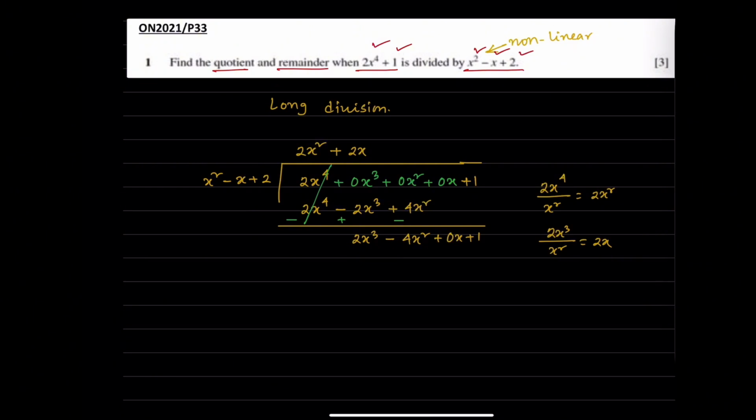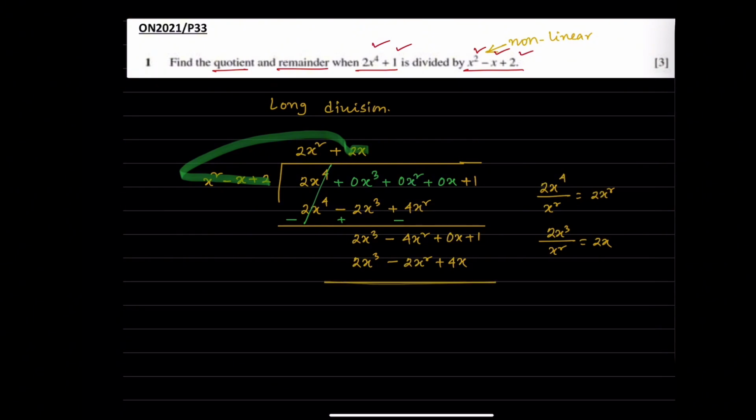And then just multiply this whole thing. We get 2x times x square is 2x cube. Then we have 2x times minus x is minus 2x square. Then 2x times plus 2 is plus 4x.